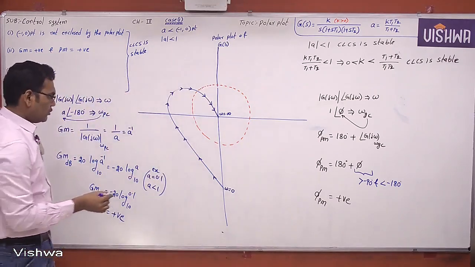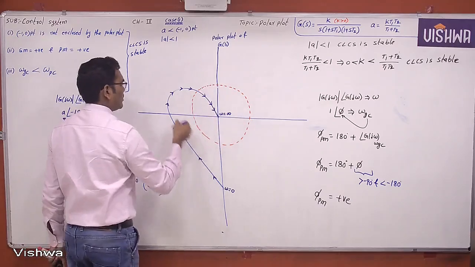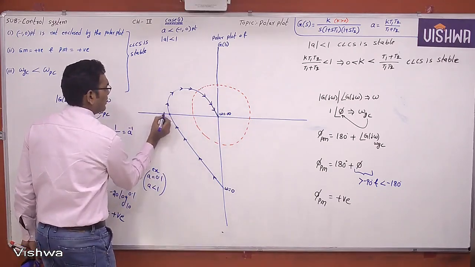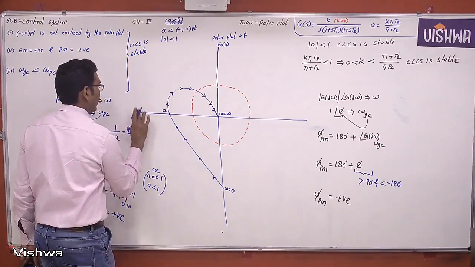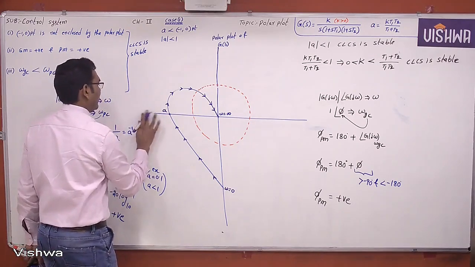Now this is the magnitude circle and this is the polar plot. When the polar plot crosses the negative real axis, there the magnitude is A, and this is the minus 180 degrees line.